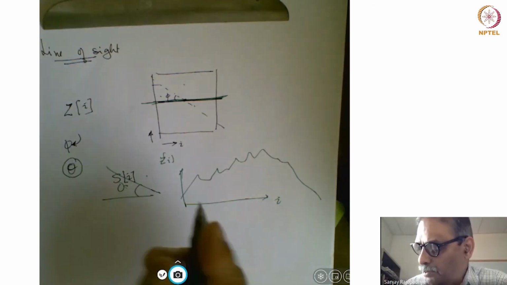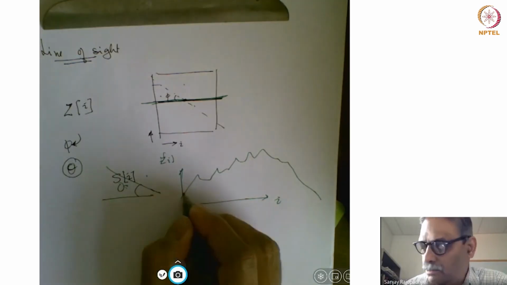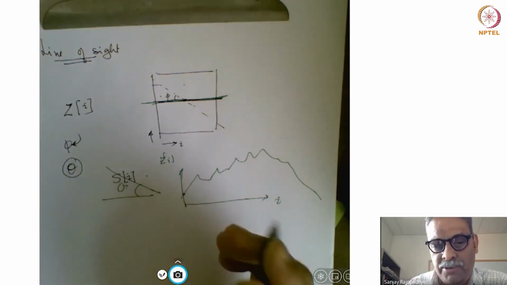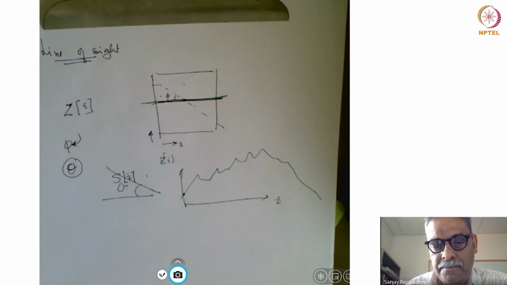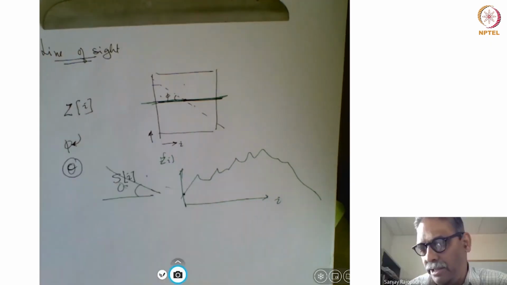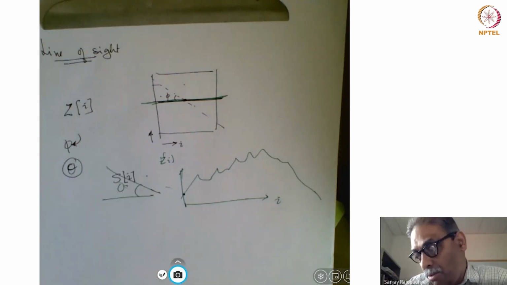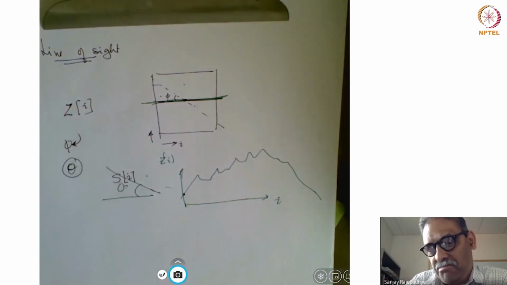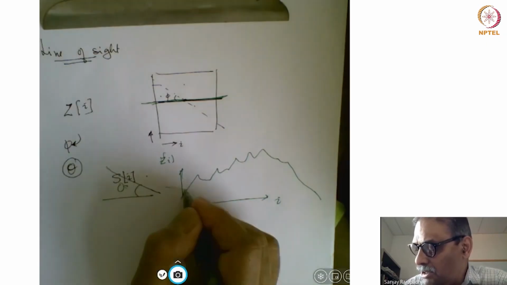Then, is this point in the shadow? Or can you see the sun from here? We can see the sun. If I encounter some other point that is higher than that 30-degree line and intersects that line, you can't see the sun. All along this, you can see the sun.